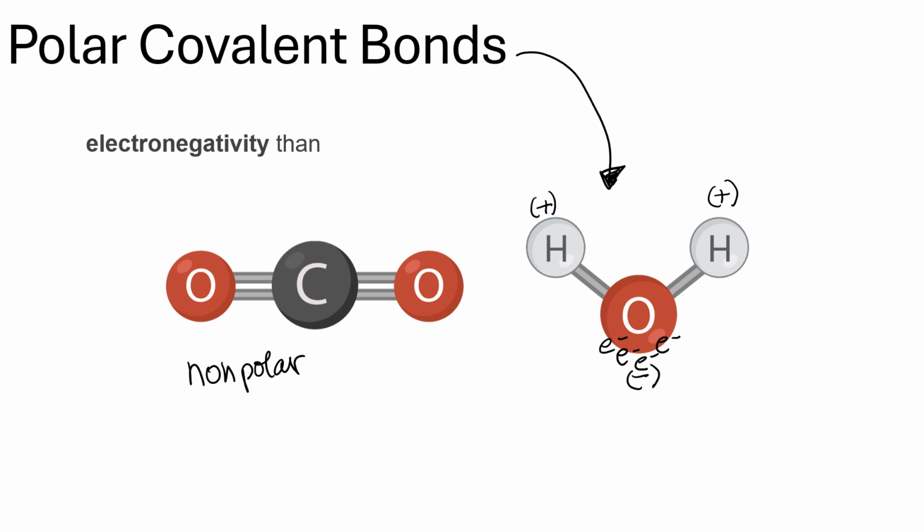And this polarity results from an unequal sharing of electrons. Atoms involved in non-polar bonds share their electrons equally. And so non-polar molecules have no charge whatsoever. None. Like a block of wood, not like an end of a magnet, right?